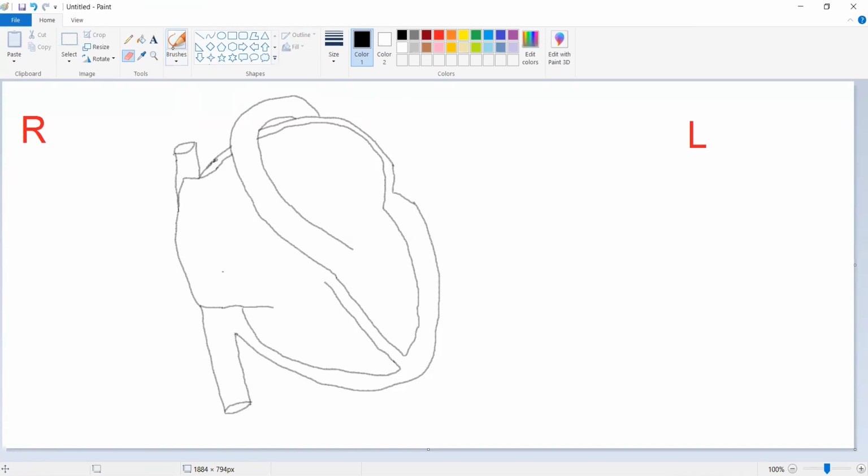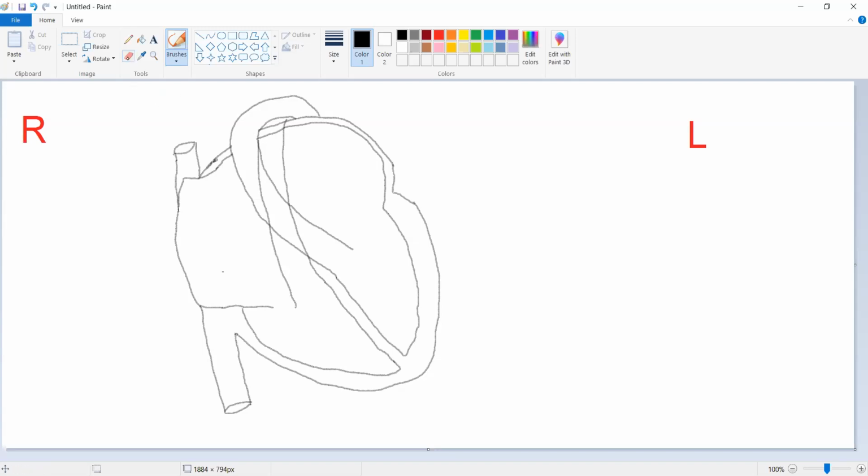We want to draw it in front of aorta. Okay, so start here. Another one, another curve. Okay, right.